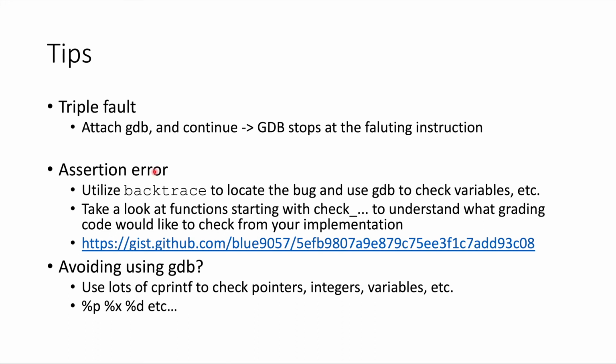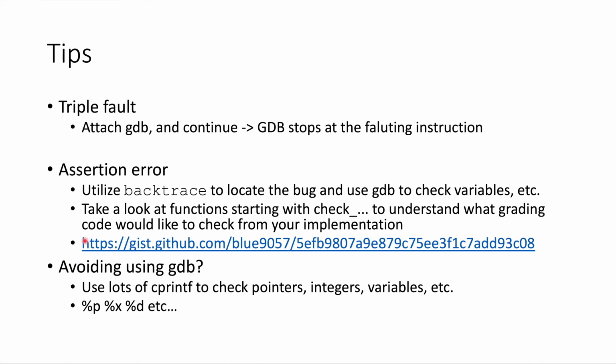And if you encounter an assertion error, all the assertion errors are for checking the sanity of your implementation. So if you encounter one, that means your implementation is incorrect. So please take a look at the functions starting with check, locate the assertion, the line number where the assertion error has been raised, and please take a look at the code around there.